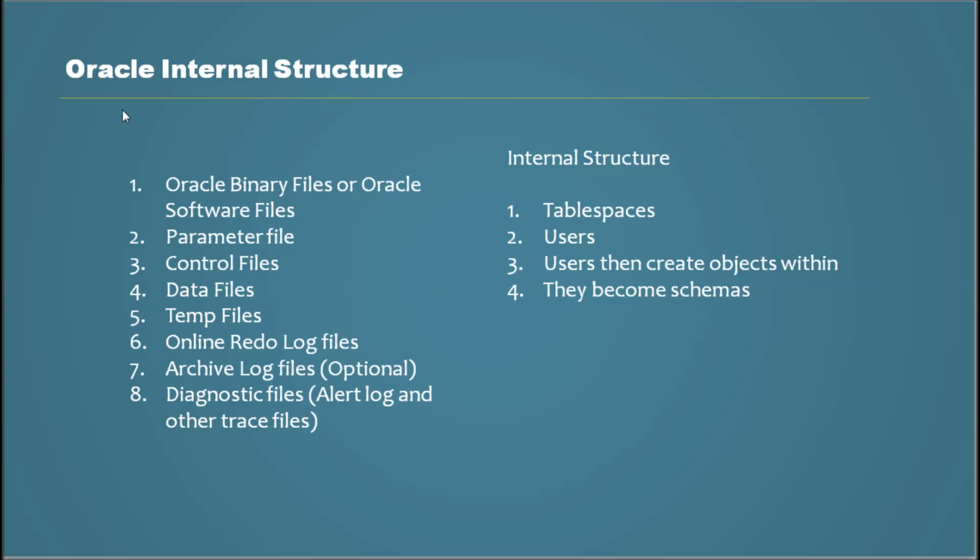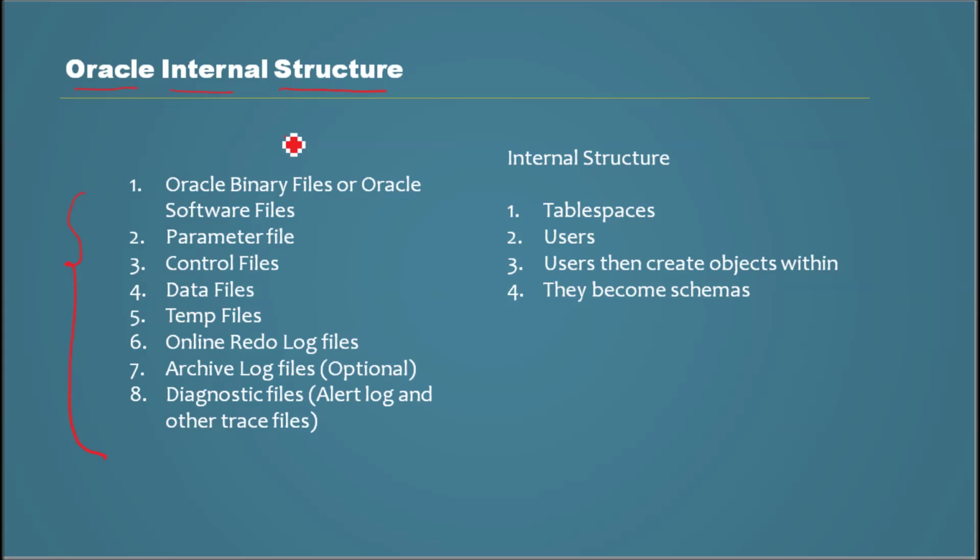Okay, so in this tutorial video, we will talk about Oracle internal structure. And I'm going to give you a basic idea of Oracle internal structure, right? So in the previous videos, we talked about the physical structure of Oracle, where these files are stored in the OS.